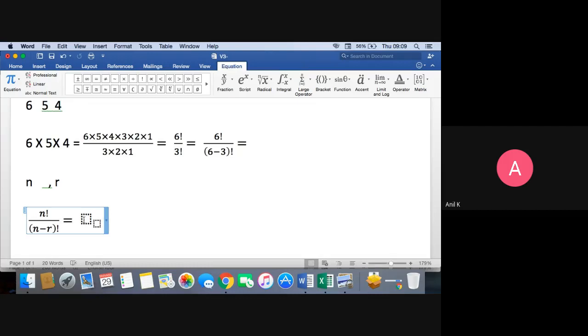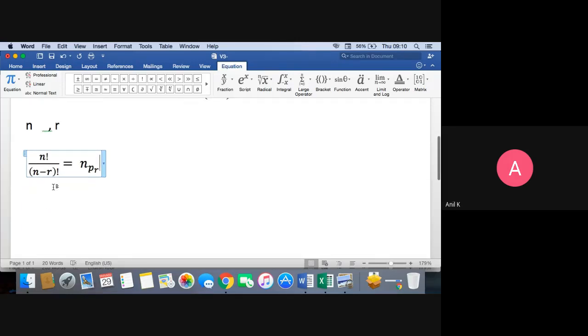So this can be the same as nPr. If you want to explain the nPr formula, we call it nPr. The nPr formula is n factorial upon n minus r factorial. The explanation for this is, out of n objects, I have to arrange r objects only.